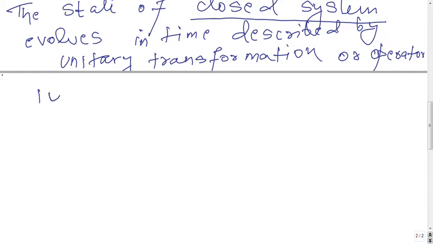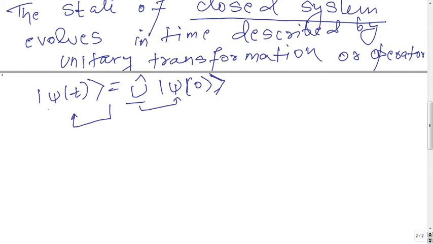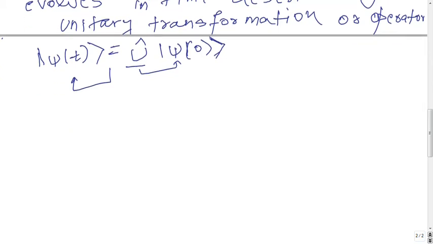That is, we are looking for the existence of a unitary operator like this, which when applied to some initial state xi of 0 gives me this vector xi of t at any future time t. So let's see what form this U operator takes if my system xi is a closed one and obeys the Schrodinger equation.